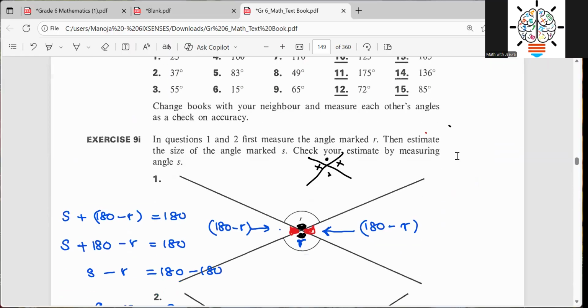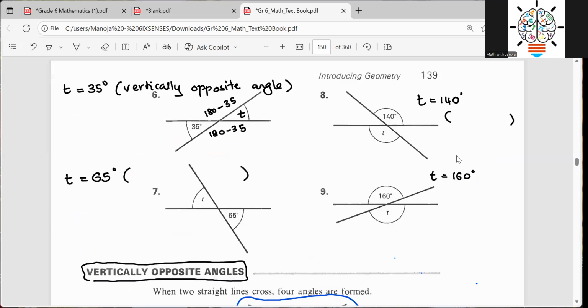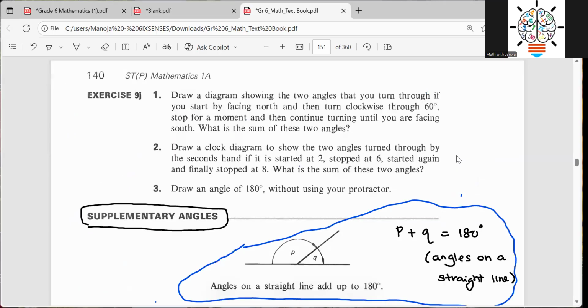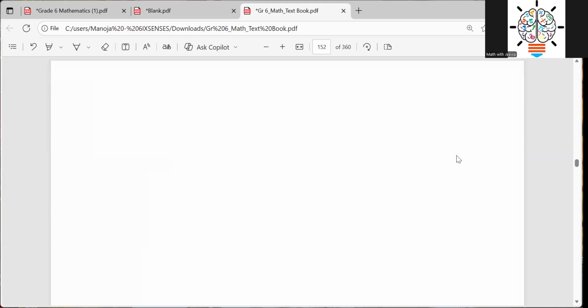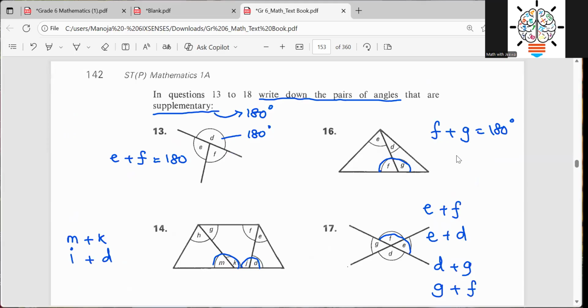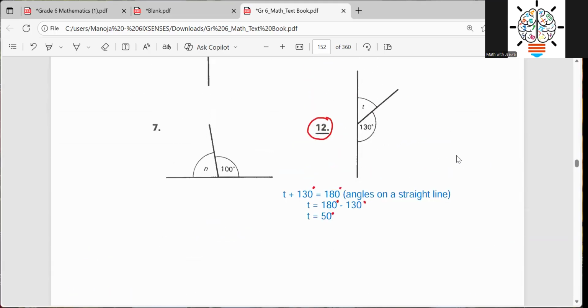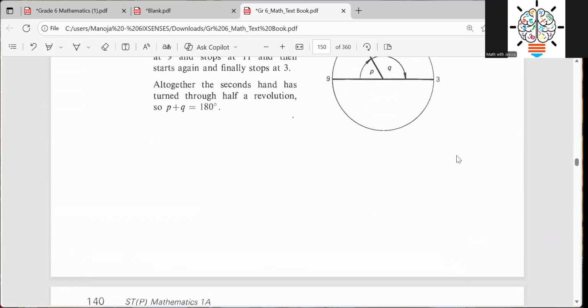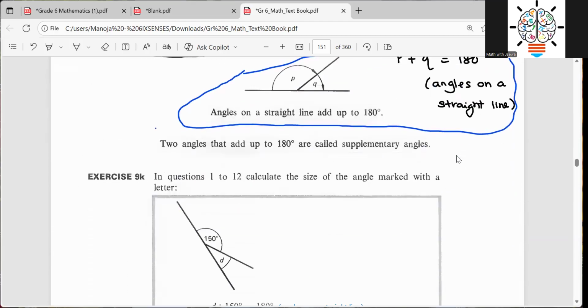Vertically opposite angles, see. And then here, if you have something like this, the t should be 35 because they are equal. And how about the next one? 180 minus 35, right? These are supplementary angles. Angles on a straight line add up to 180. And then you want to write this thing: angles at a point add up to 360.